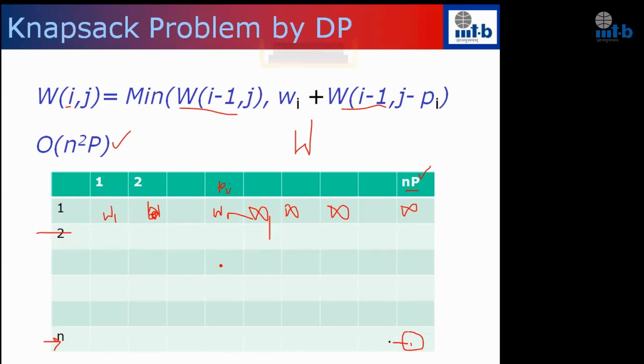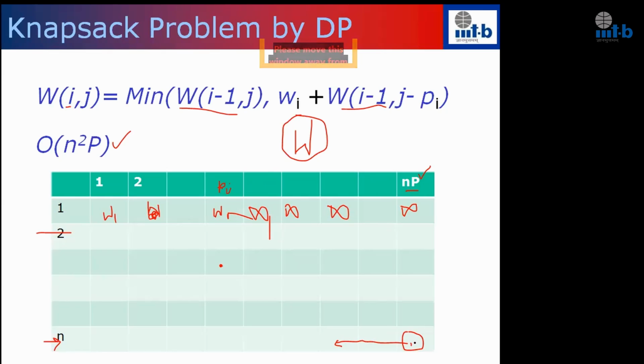and start traversing back. So I'm going to the nth column, so my i will be n. While W of n comma j, I'm going to start with NP. While W of i comma j is strictly greater than the capital W, then I will decrease my j.